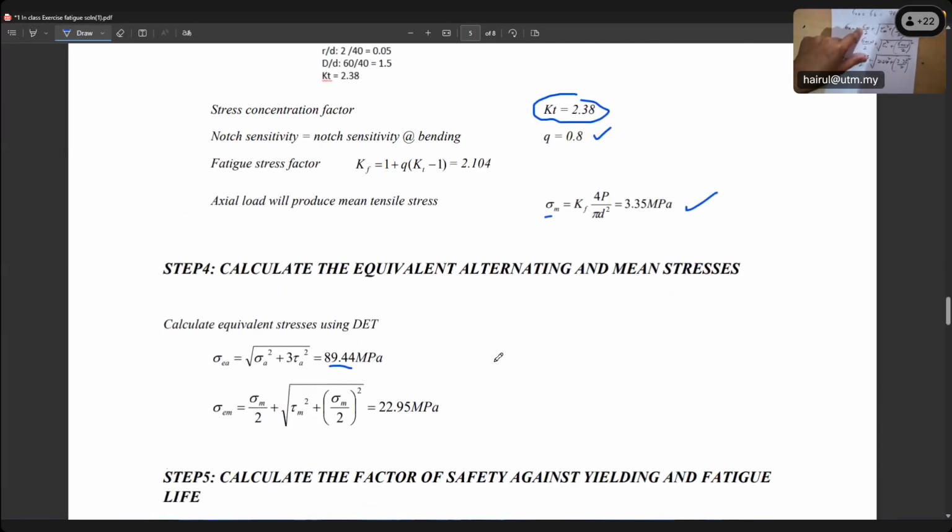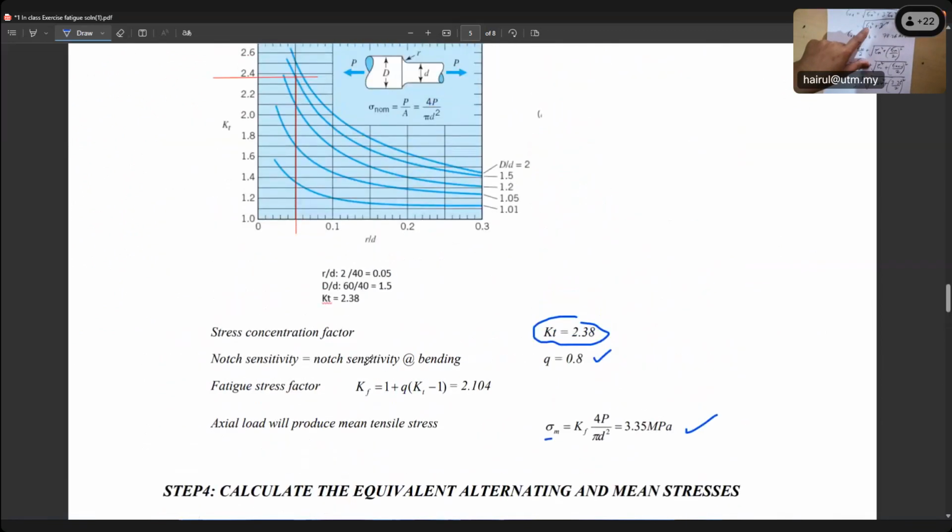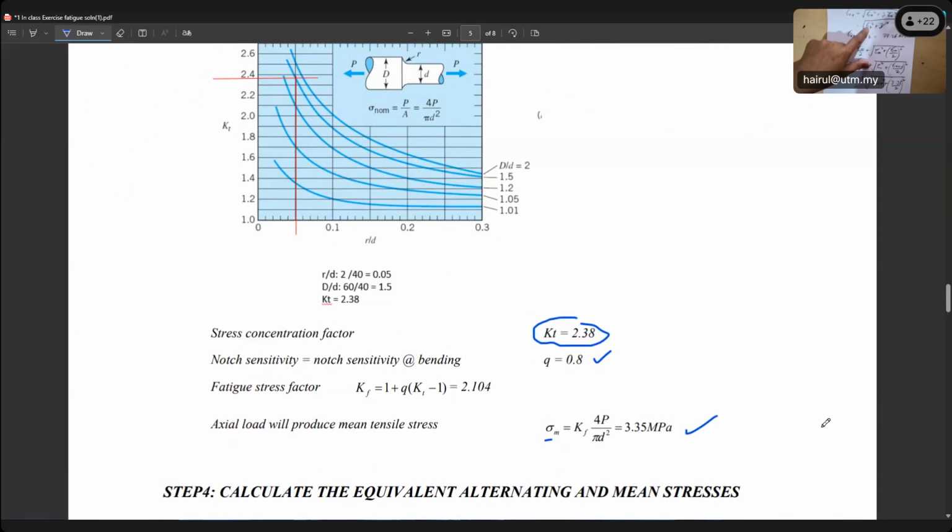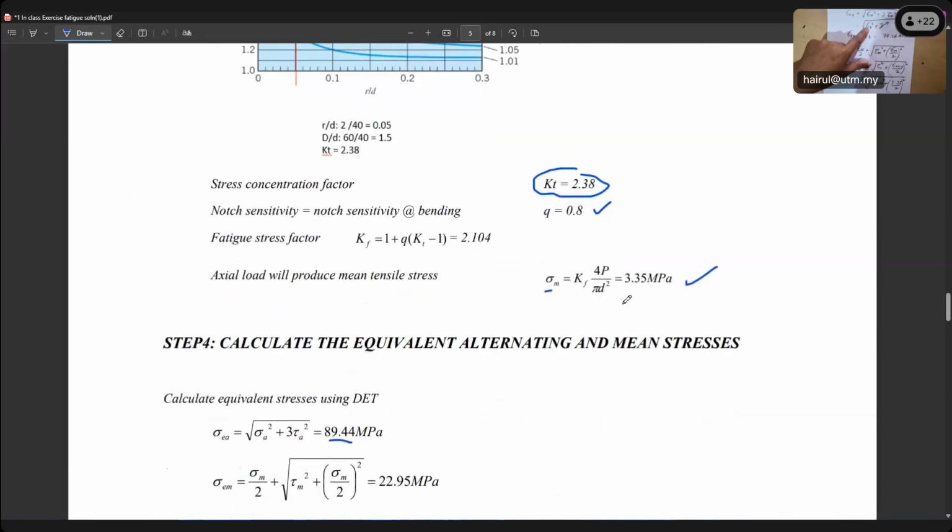This is supposed to be only, because sigma A, we only have bending, right? Maybe in this solution they also put the sigma axial stress plus 3.35, because when you add it up, it's not supposed to be added. I think it made a mistake.